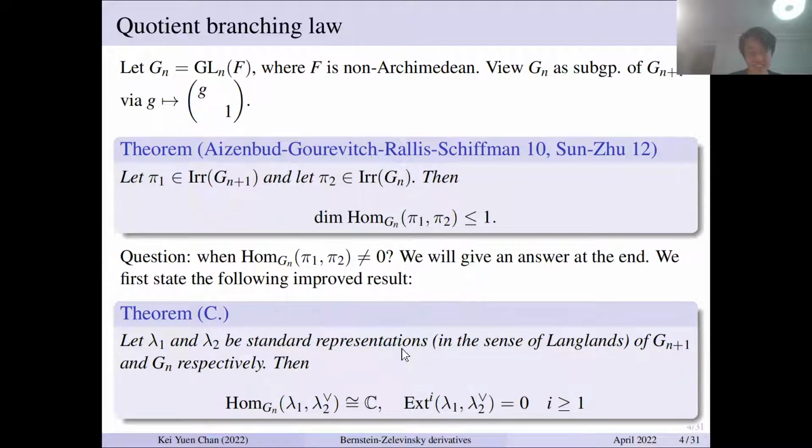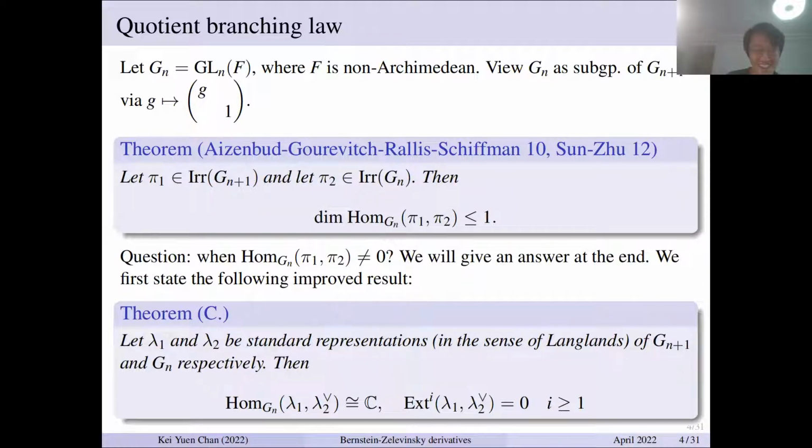In such a way, the Hom space here has dimension 1, where lambda_1 and lambda_2 check means the smooth dual representation, and the higher Ext groups always vanish. Those Ext groups were conjectured or studied by Bernstein-Zelevinsky. He also gave a related talk on Monday, and in the theta correspondence he also mentioned those branching laws before.